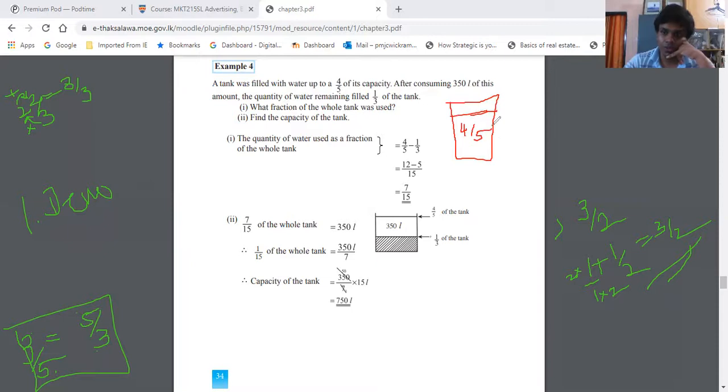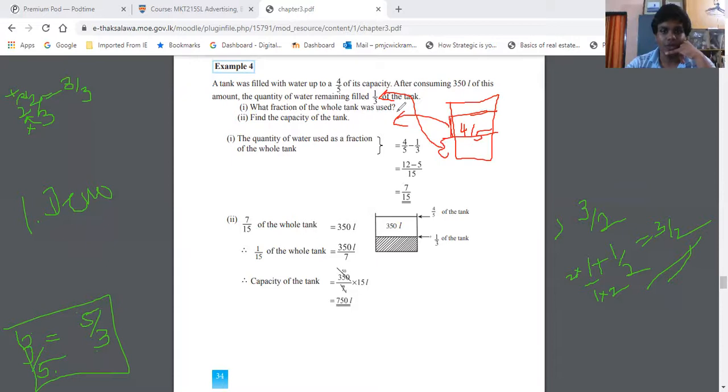Again, from the 4/5, 350 liters was taken. Now this is remaining: 1/3 is remaining. So what fraction of the whole tank was used?